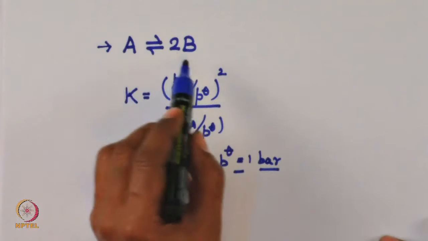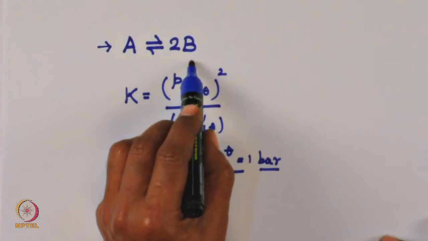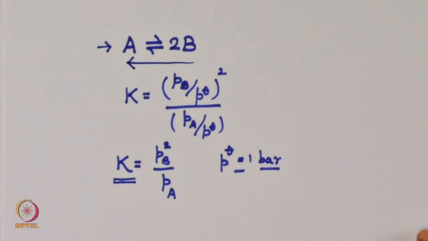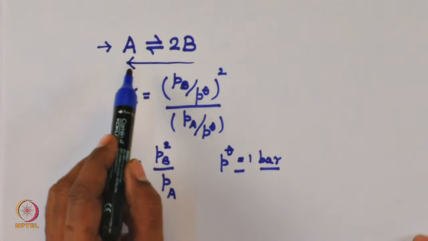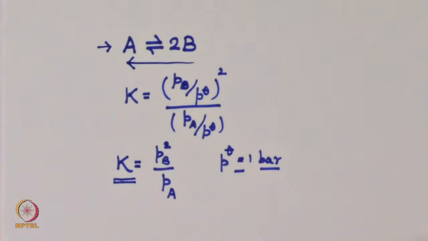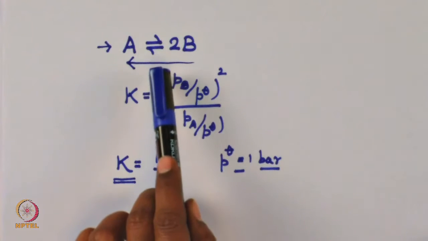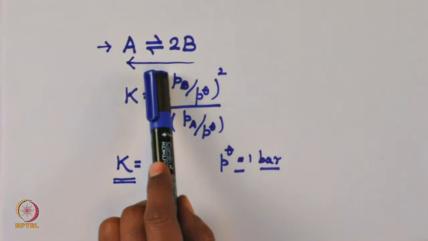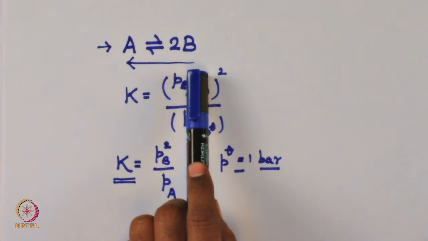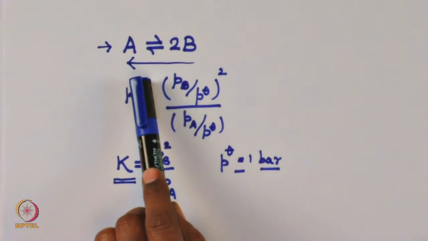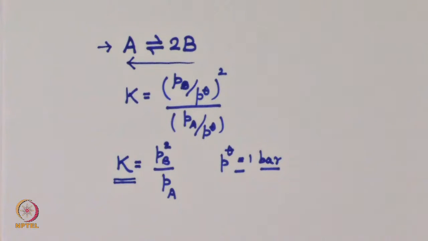And that means the shift of composition towards the left. That means more molecules of A will be produced. So, in this kind of asymmetric reaction, when the pressure is increased, the equilibrium is shifted towards the direction in which there are a lesser number of moles of the gaseous species.